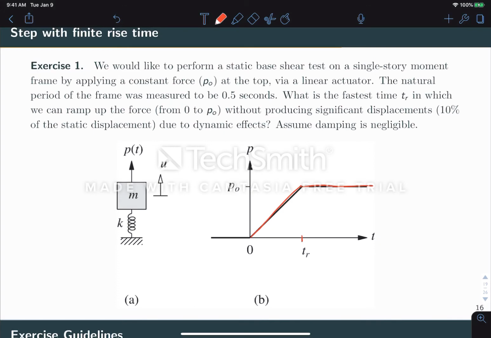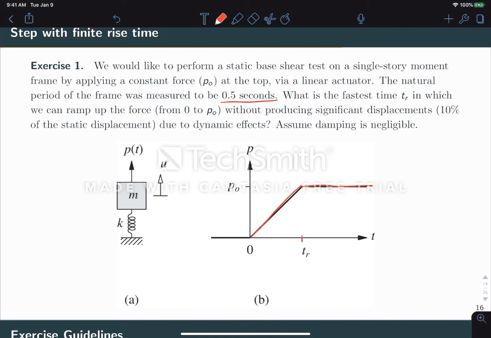The question is, if we do that too quickly, we risk basically sending an impulse, or we risk exciting the system dynamically, right? So the idea is to try to avoid that and find how quickly we can ramp it without exciting too much of the dynamics of the structure, because in essence here what we want to do is just test statically. And all we really need to know is what the fundamental period is of that structure.